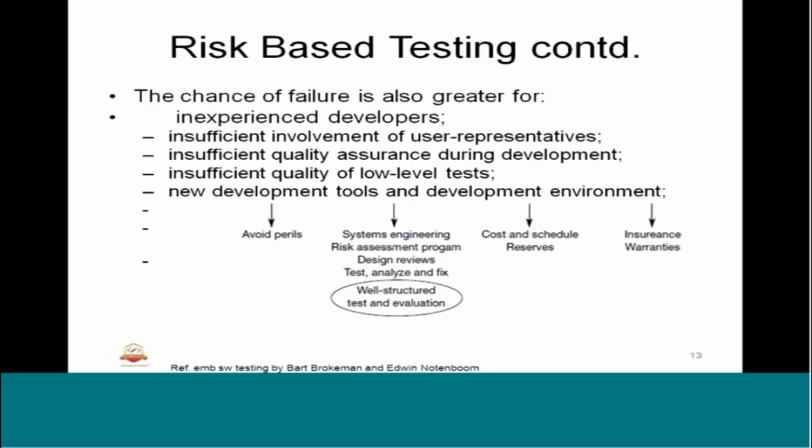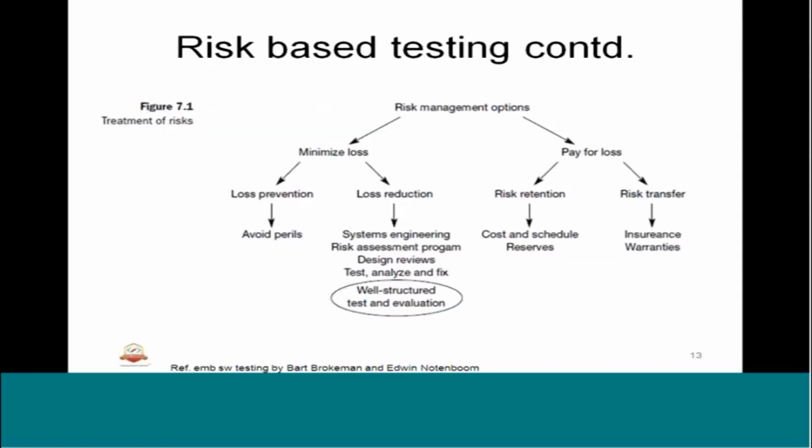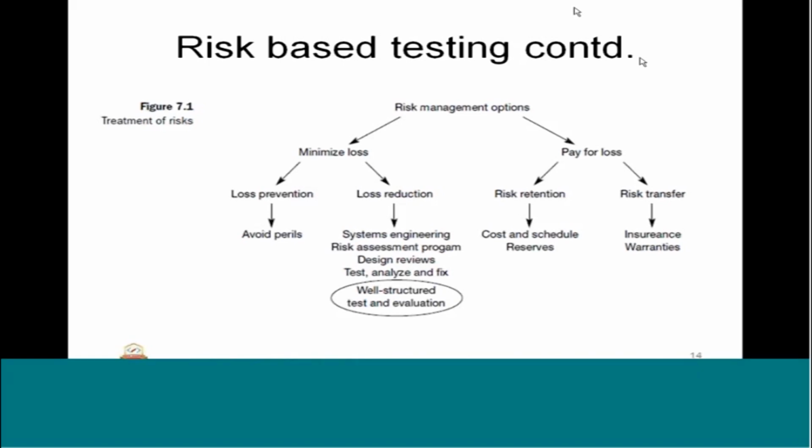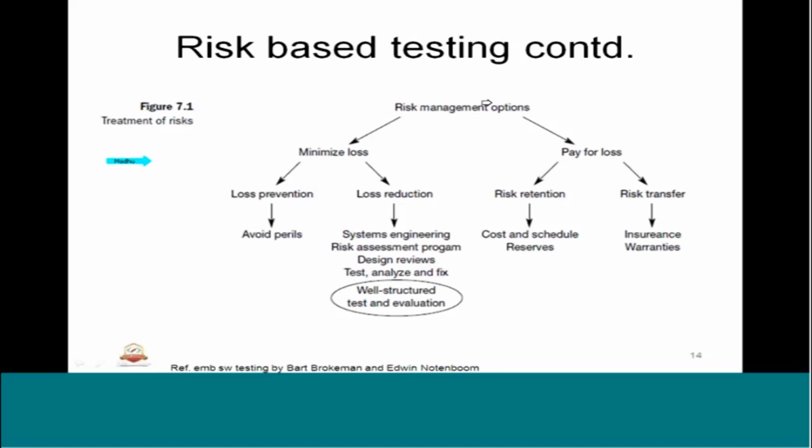So that is about risk-based testing. We come to the slide on how we can treat the risks. That is a term called risk mitigation. I think it is all management aspects. We will not study it in detail, but at least for understanding's sake, we'll try to work through risk mitigation and risk contingency.